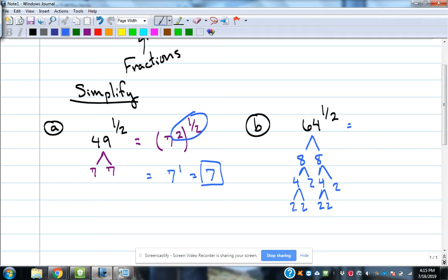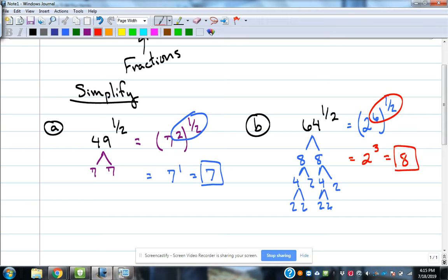It's 2 to the 1, 2, 3, 4, 5, 6 power. So I did the factor tree for 64, and I got six 2's. So that's 2 to the 6th power, and that's still to the 1/2 power. And then we use that same rule that we multiply those together, and that would be 2 to the 3rd power, which is 2 times 2 times 2, which is 8. And again, your calculator would have done that one.